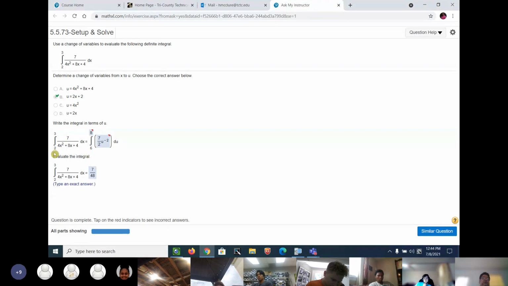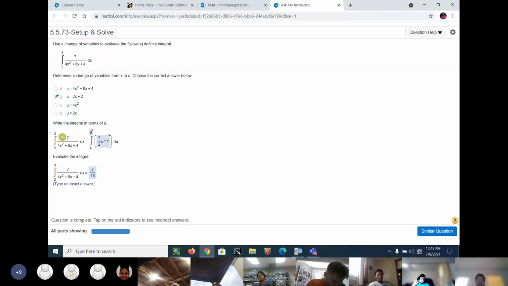And they changed the 2 and 3. I understand that. But I don't understand where they got the 7 halves. Because even if you multiply it by 2 over 7, that's how they did it. I just now noticed it. So that means you're going to multiply by 7 over 2.